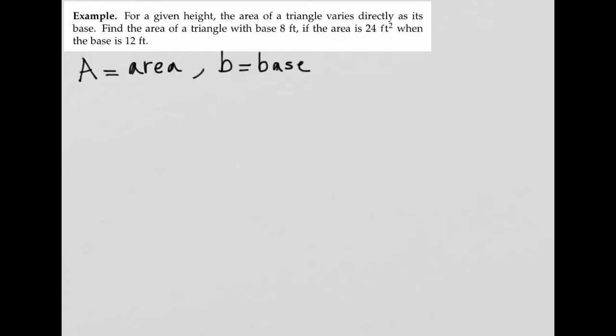They tell us that the area varies directly as its base, which translates mathematically to saying that A is equal to k times B for some constant k.